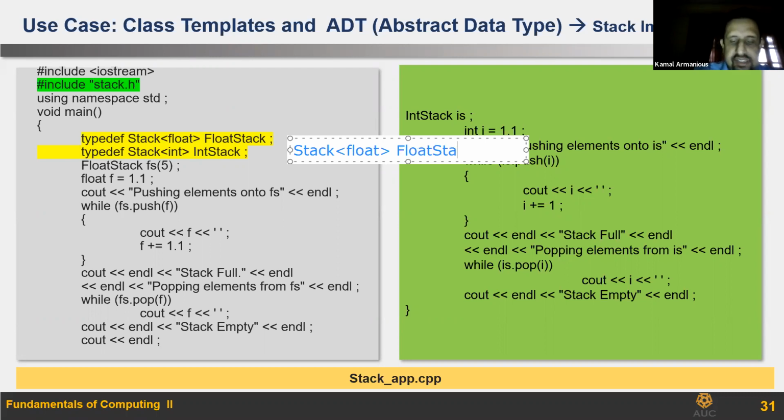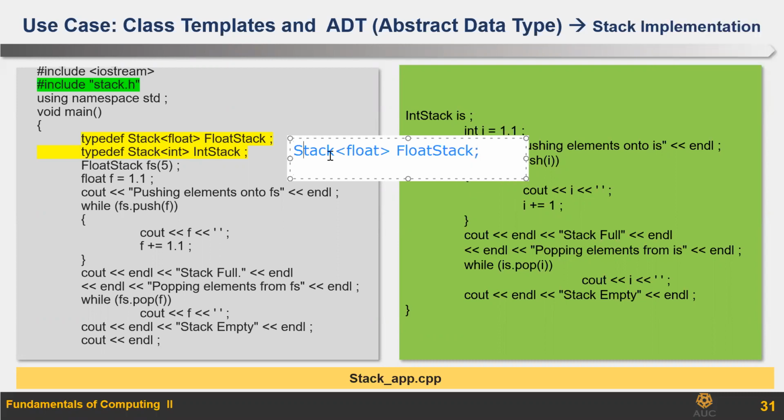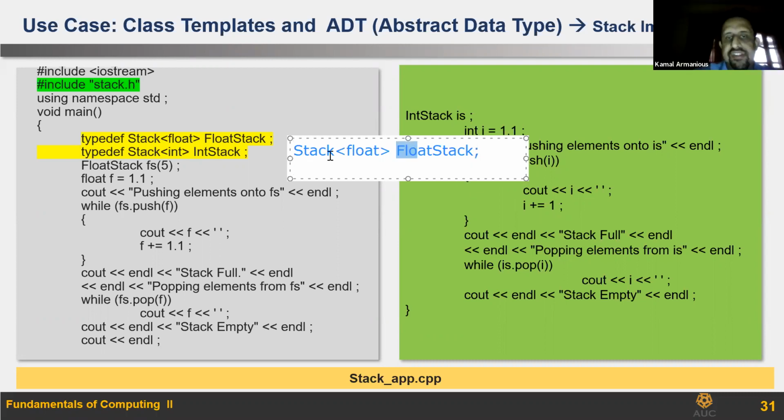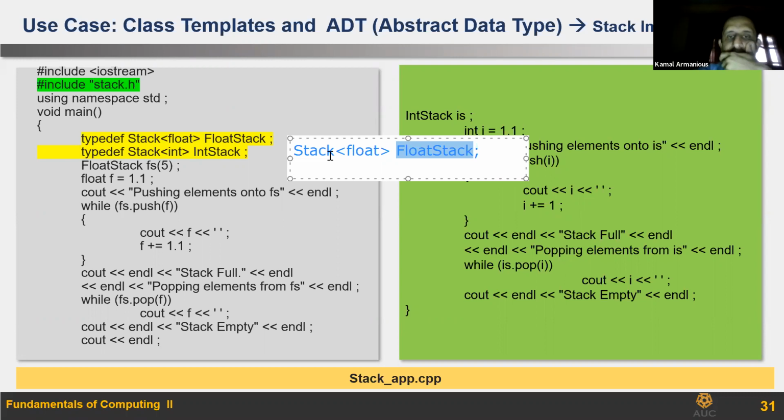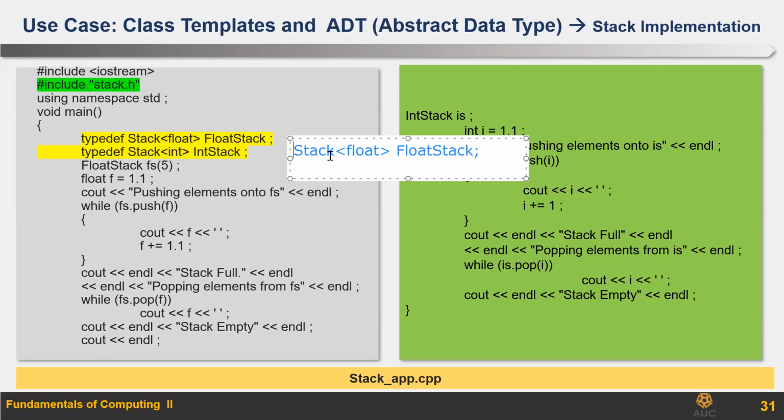Stack float. What is this, Yassir? Then what's a float stack? Maybe a stack of type float. Stack of type float, but what is the name of the class and what is the name of the object?